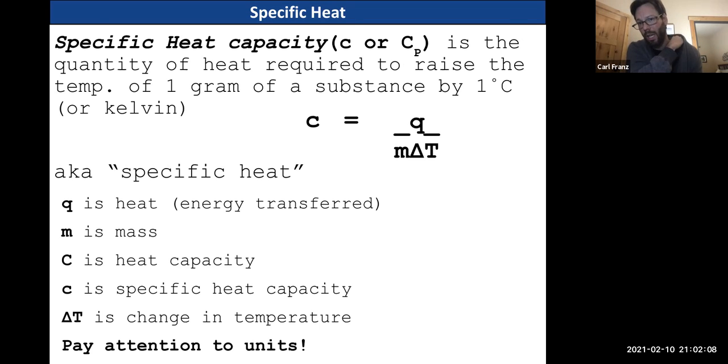So it's equal to the heat over mass times the change in temperature. And this was pretty basic, right? So if you had a problem dealing with specific heat, you'd be given 3 of these 4 parameters, and you'd solve for whatever one is the missing one.